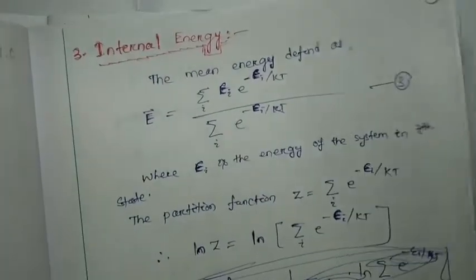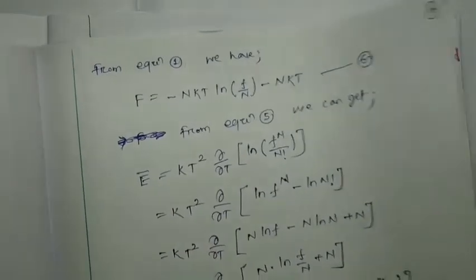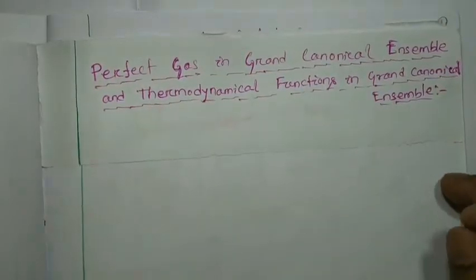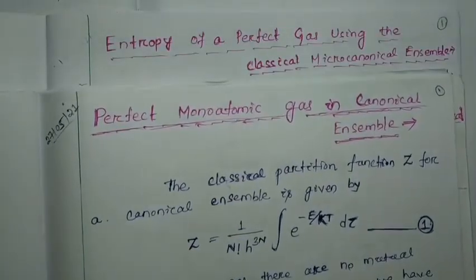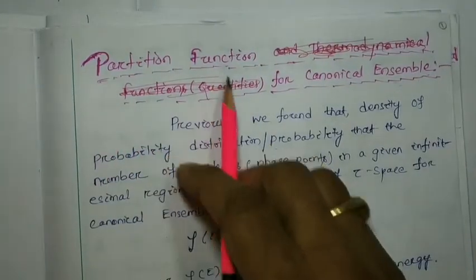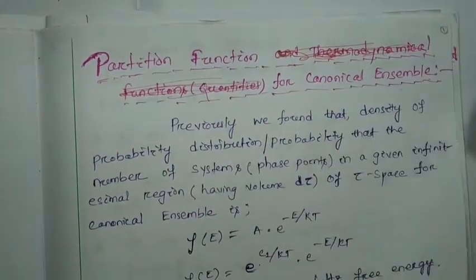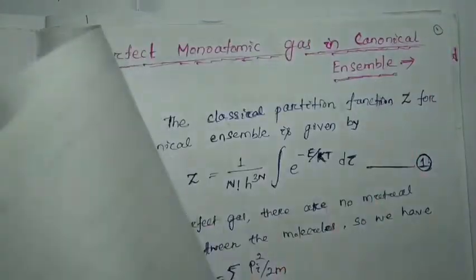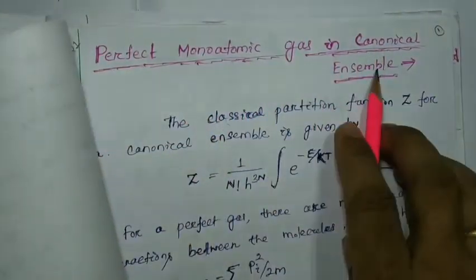In the next class we will discuss the grand canonical ensemble. So today, first the partition function for the canonical ensemble, then the perfect monoatomic gas in the canonical ensemble.